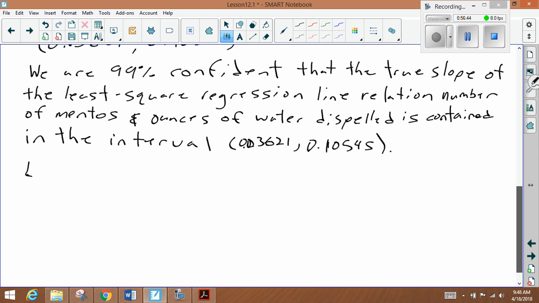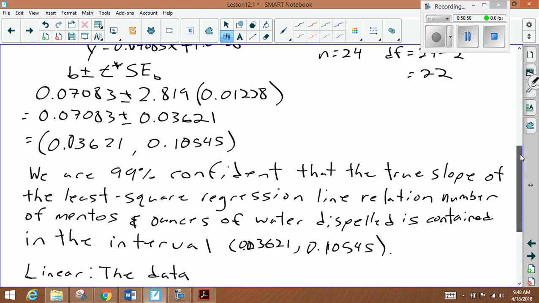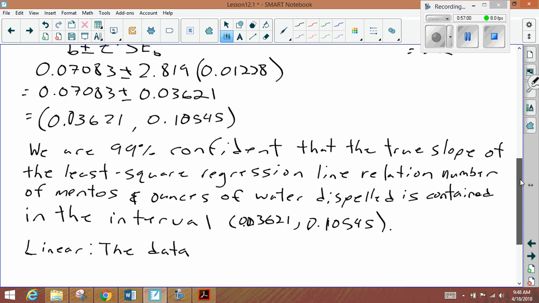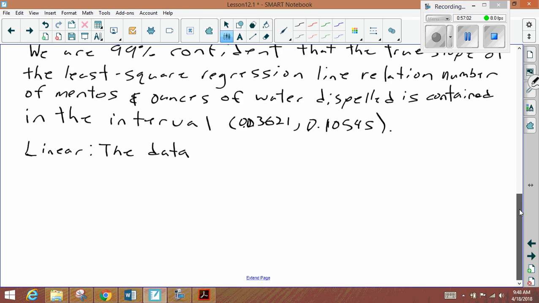So L: is the data linear? The data appears to be approximately linear, right? We can tell from the residual plot.